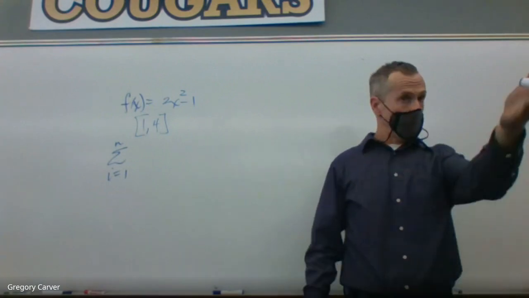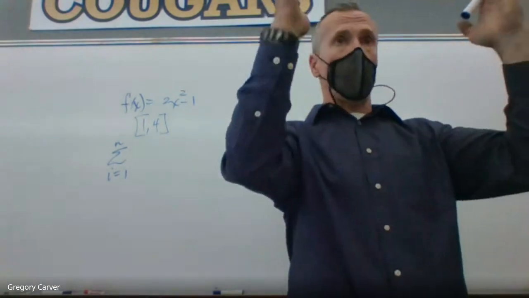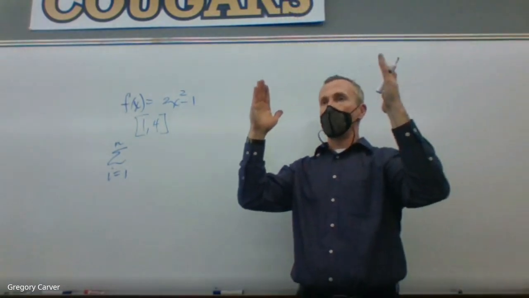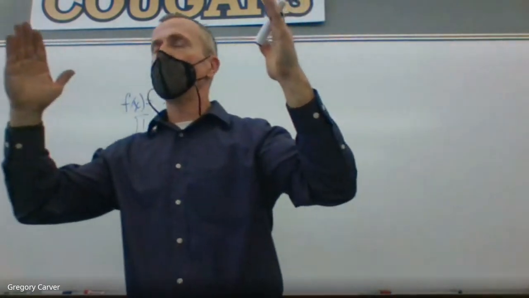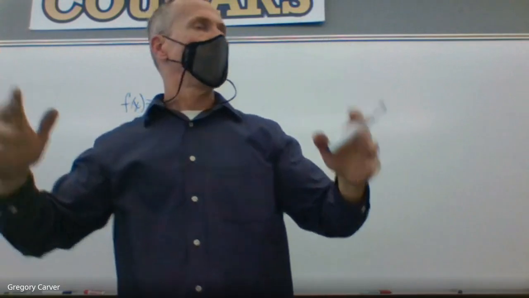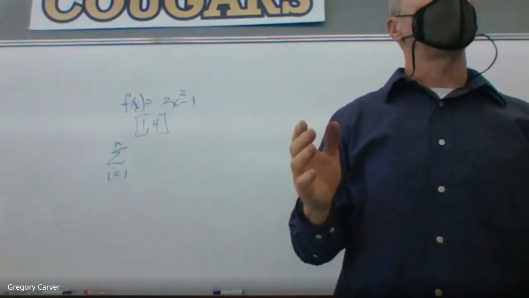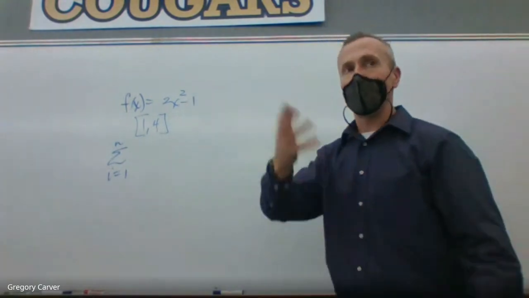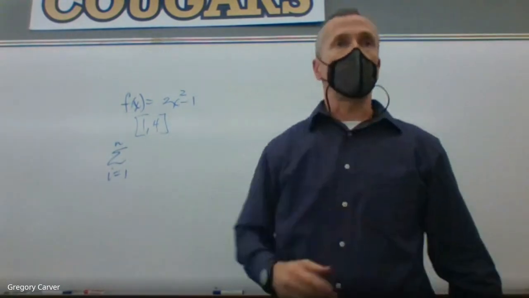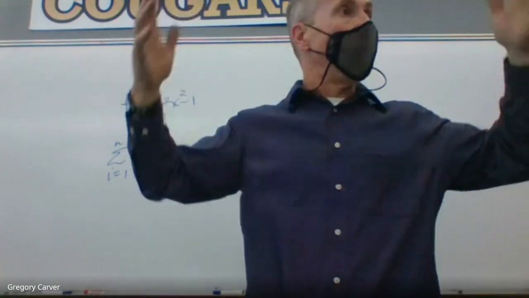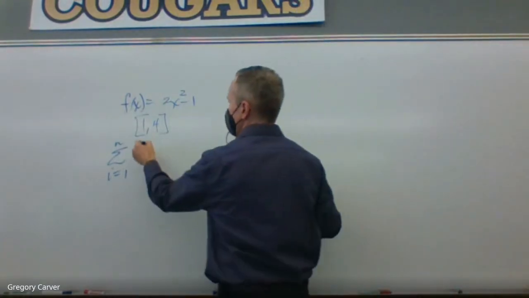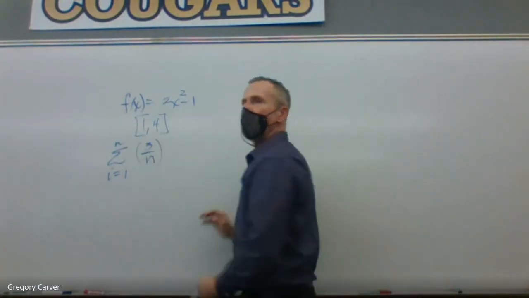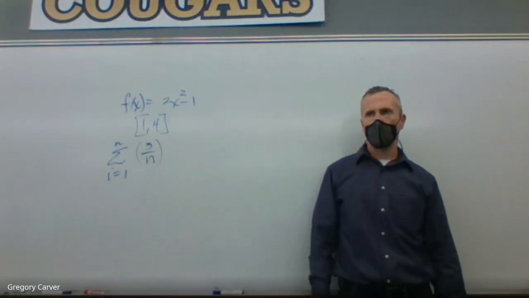It's the difference between those two. You are going from 1 to 4, a distance of 3. If it was 7 subintervals, each would be 3 sevenths. With 1 trillion subintervals, each one will be 3 over a trillion wide. This is going to be 3 over n wide, and n is going to be big.